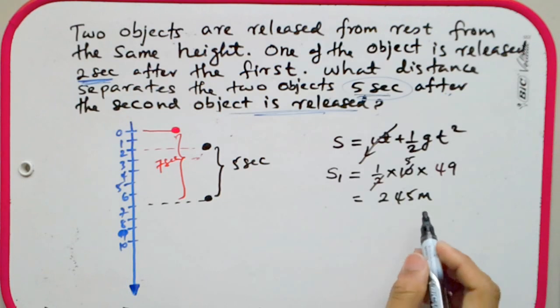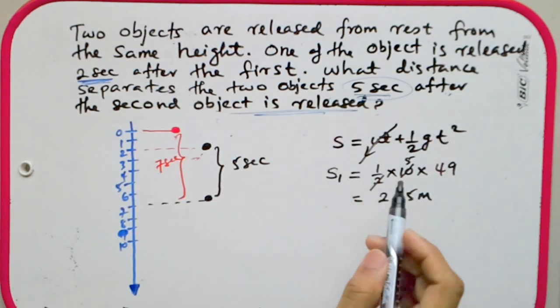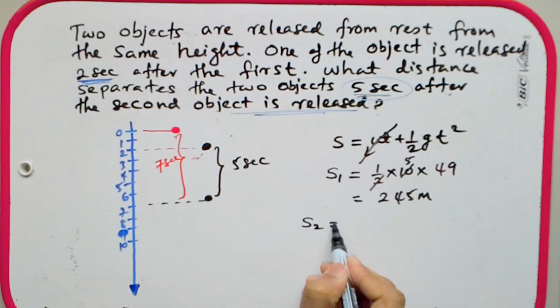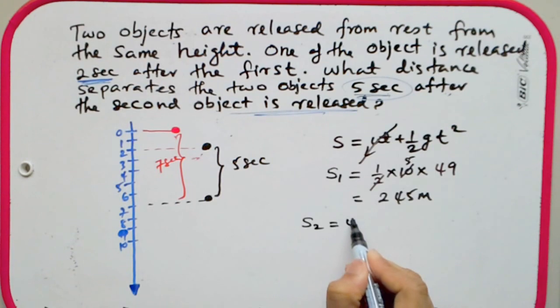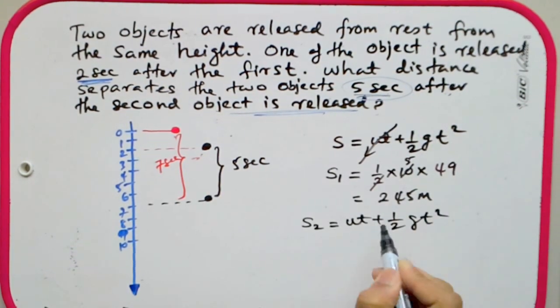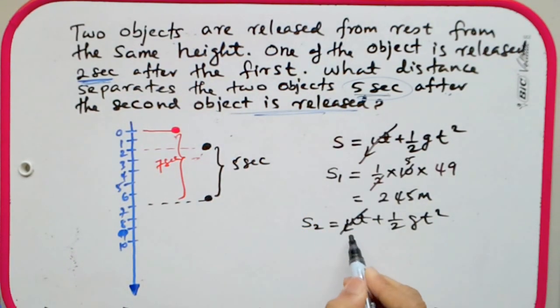Okay, so this is for the first object, and similarly use the same equation for the second object. S2 is again ut plus half gt squared. Remember, ut is again 0 because you drop it, so this term becomes 0.